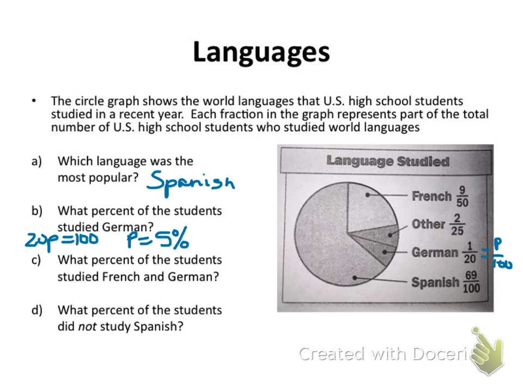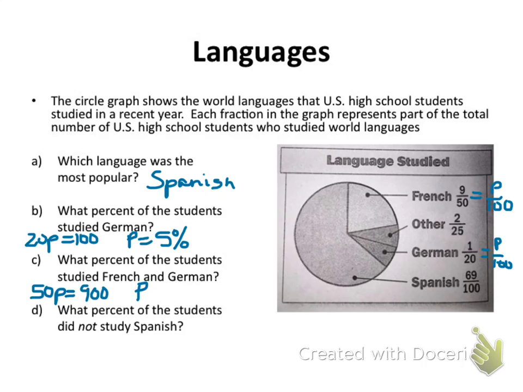What percentage of the students studied French and German? Well, half of our work is done because we just found how many students studied German. So we need to know how many students studied French. That proportion is 50p equals 900 for the cross products.